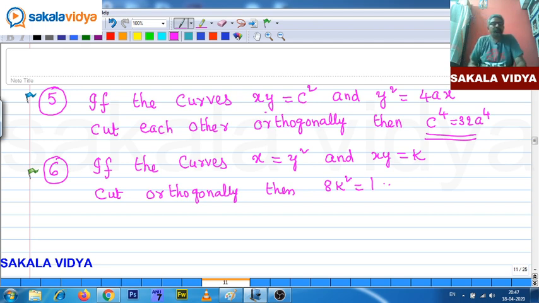And one more important condition you remember, the seventh one. This is also very, very important. If you remember, the problems will be solved in a very simple manner.